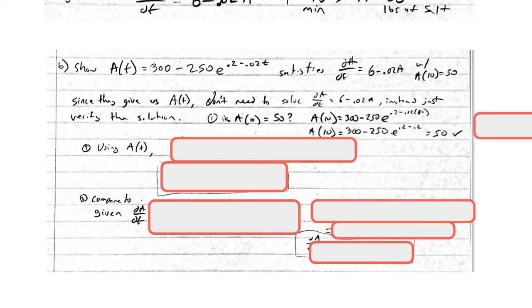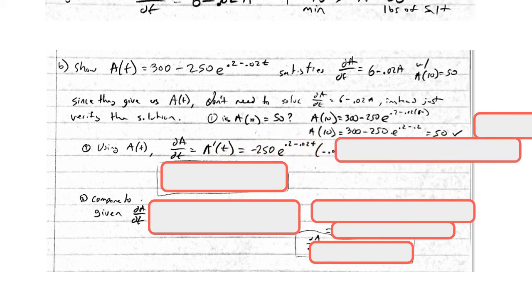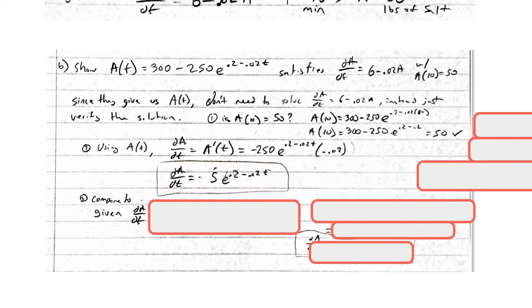You just plug in 50. Then I'm going to take that A of t and find its derivative, so I can find dA/dt. So you take A prime of t, and you end up with negative 250 e to the 0.2 minus 0.02t, chain rule, so times the negative 0.02. And if you multiply that out, you get 5e to the 0.2 minus 0.02t.